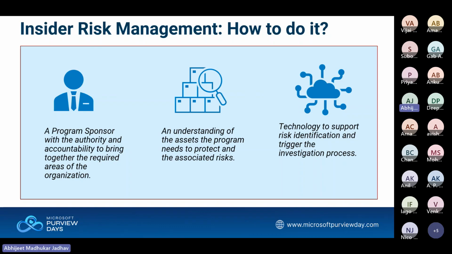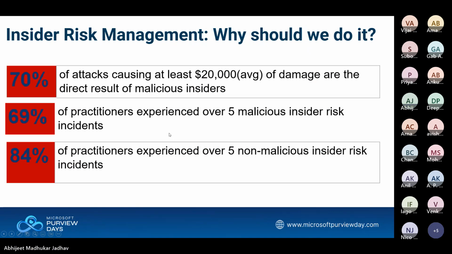So now the third part is why we really have to do it. These are a few numbers. The numbers speak, as everybody says, and there are many metrics available related to insider risk management.